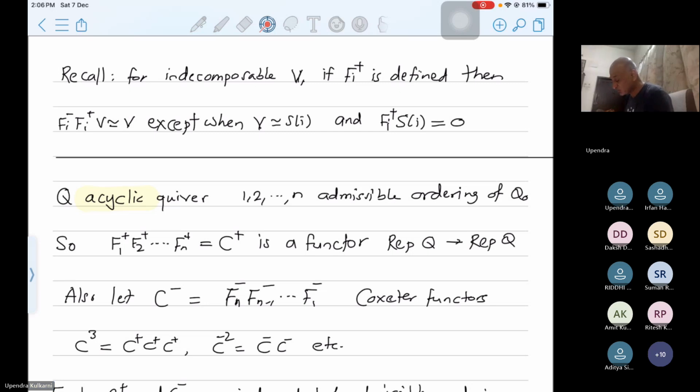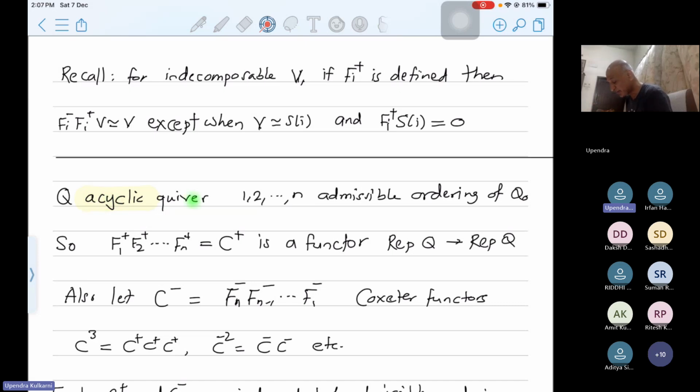All right. So this gadget, provided I could find a sink or source for Fi, is completely general for any quiver whatsoever. But to guarantee that I will be able to apply this for every vertex once, it is necessary and sufficient, as we saw yesterday, that Q is an acyclic quiver.